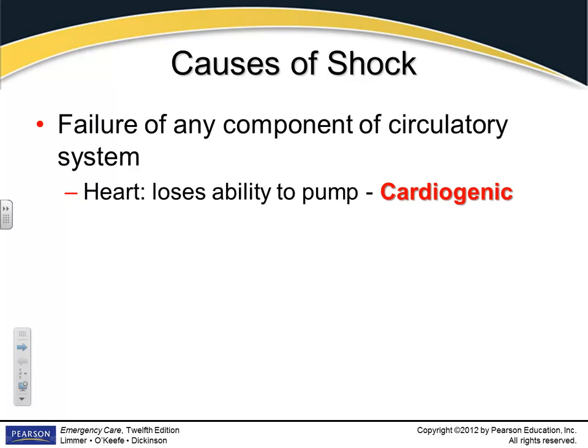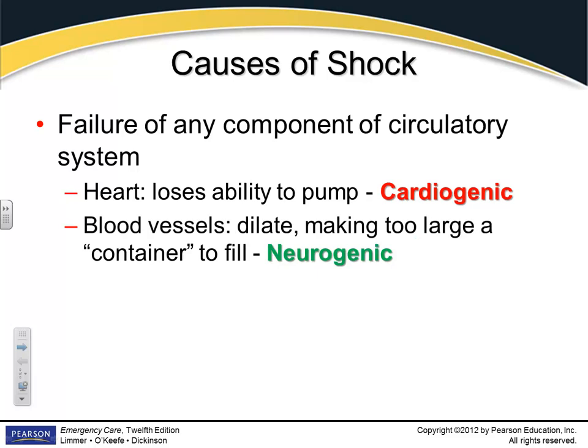This just identifies the cause of the shock. With neurogenic shock, neuro means what? Brain. It's a nervous system, that's right. The nervous system, the brain, is not able to constrict or dilate. It loses muscle tone, muscle control over the vascular system.